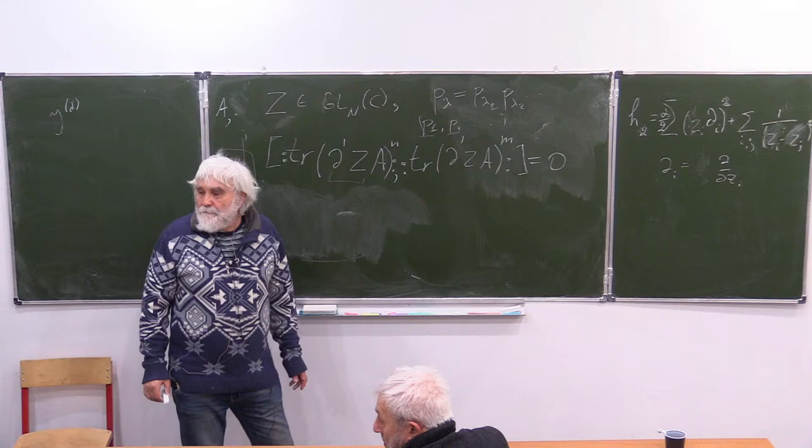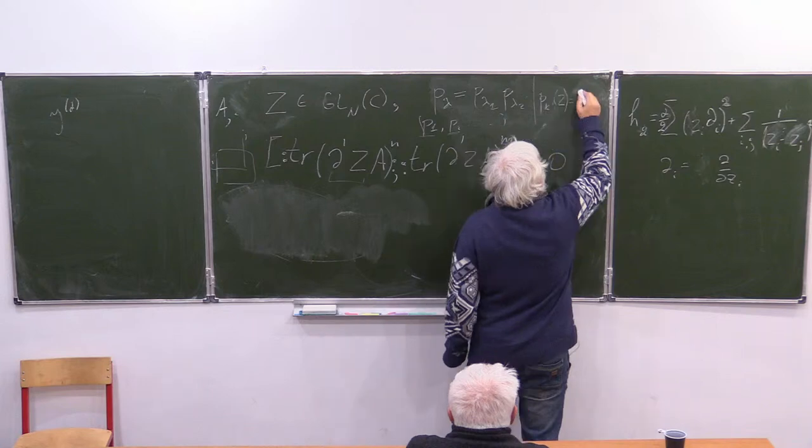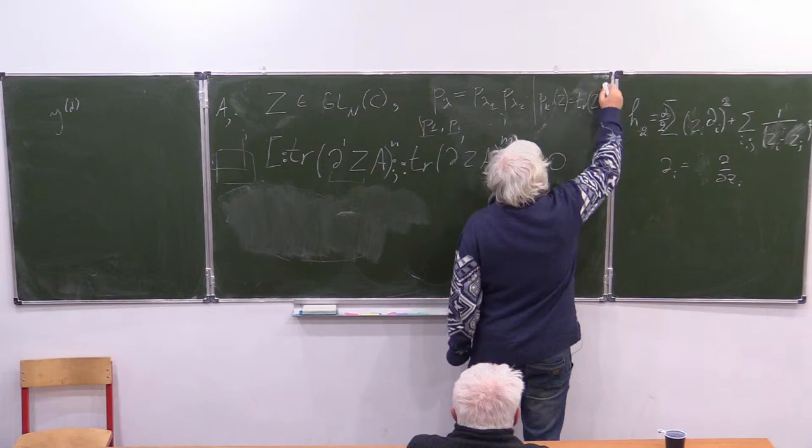So we introduce p_k on the matrix Z as the sum of powers of eigenvalues, as Newton sums.